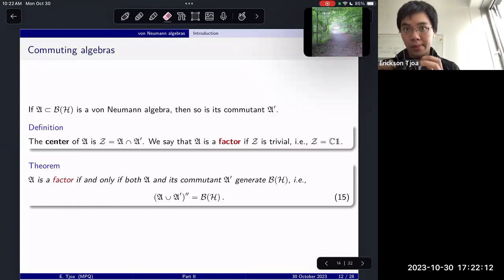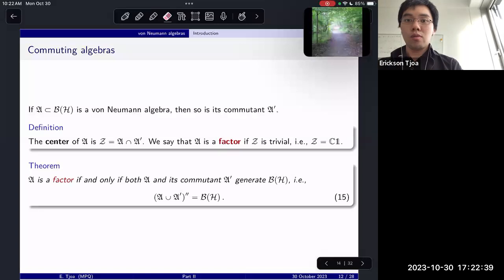If you have a von Neumann algebra, recall that the commutant itself is already a von Neumann algebra, and then you can ask how much they intersect. Do they share a common element? A von Neumann factor is exactly when they share nothing except operators proportional to the identity.